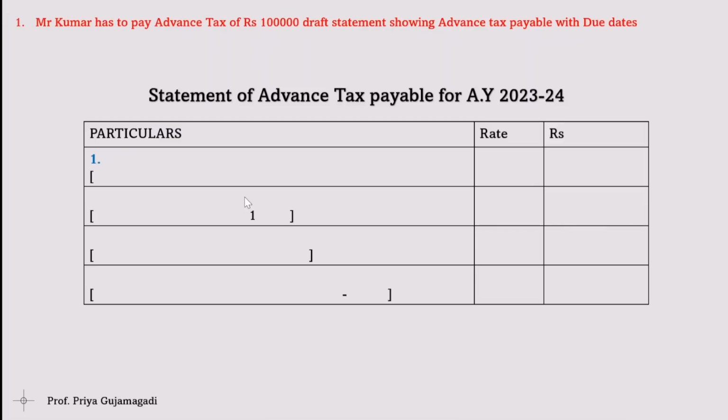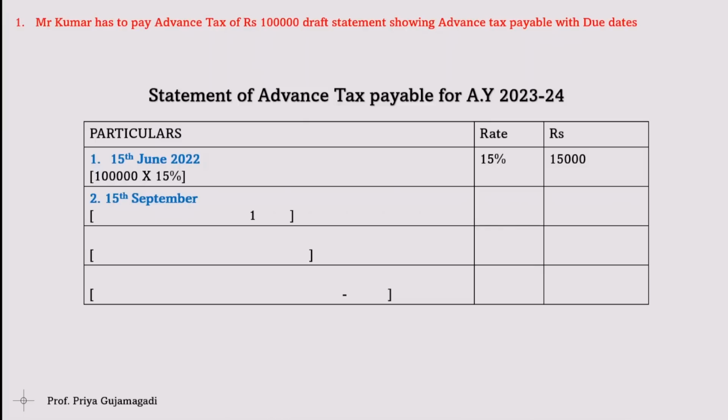First installment on 15th June 2022, we have to pay 15%. We know how much the advance tax payable is, so 1 lakh rupees into 15% comes to 15,000. So in the first stage, on 15th June, we are paying 15,000 rupees. Next, second installment, 15th September 2022.